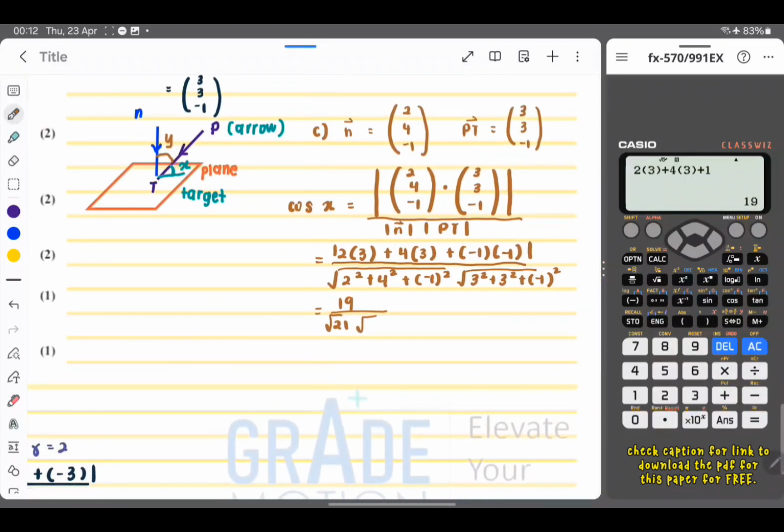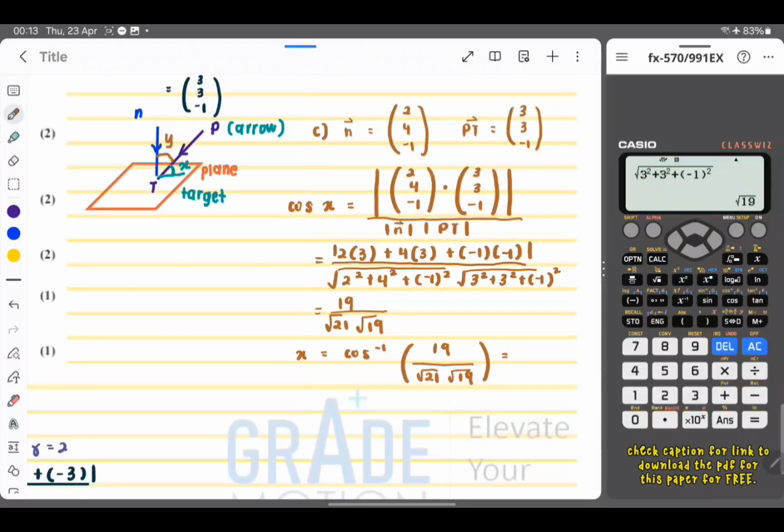So we only need to find the second one, which is the square root of 3 square plus 3 square plus negative 1 square, which is square root 19. So x is equal to inverse cos of 19 over square root 21 square root 19.